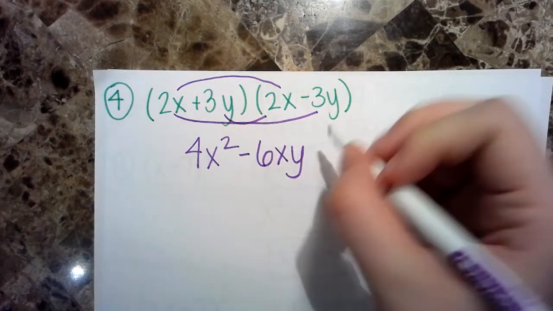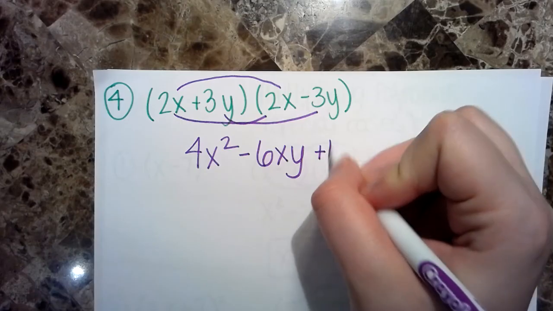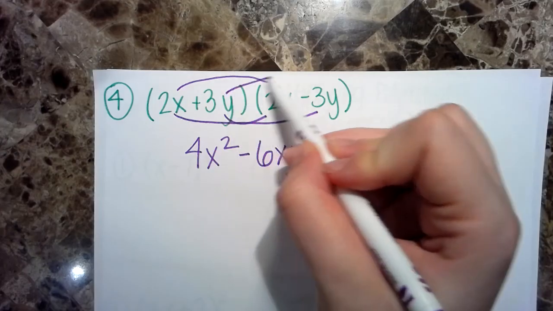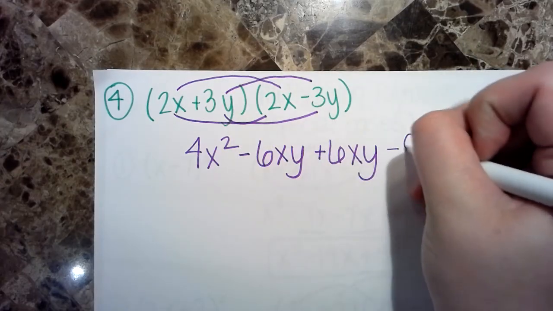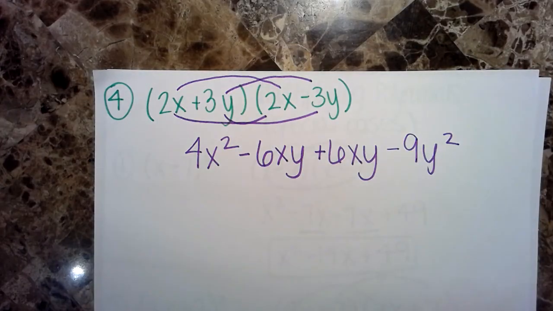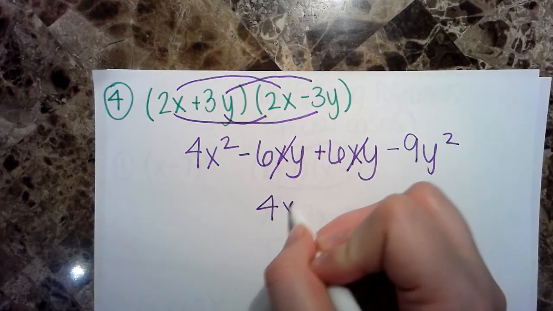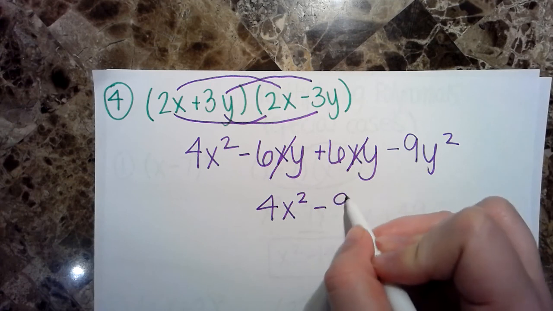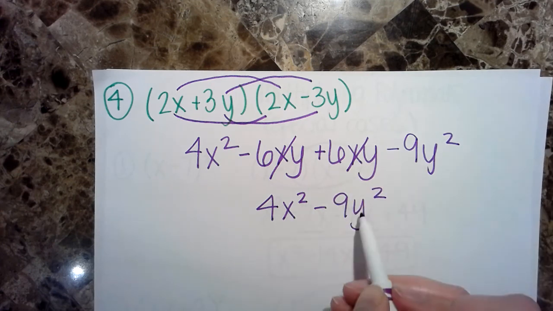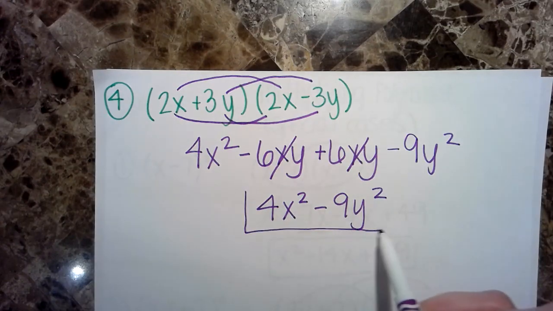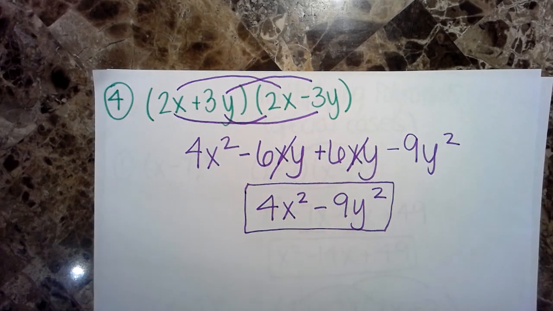Then we have plus 6xy. And then last, negative 9y squared. These are going to cancel, so we're left with 4x squared minus 9y squared. You always want to make sure you put the x first before the y. And this is another example of the difference of two perfect squares.